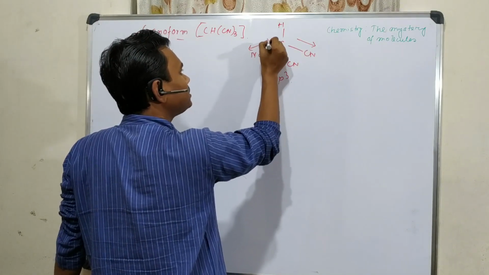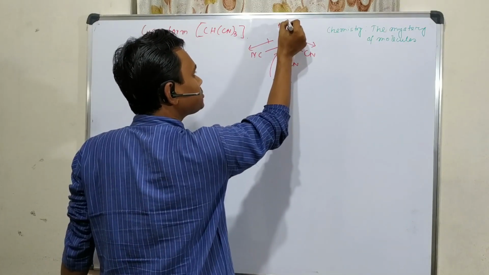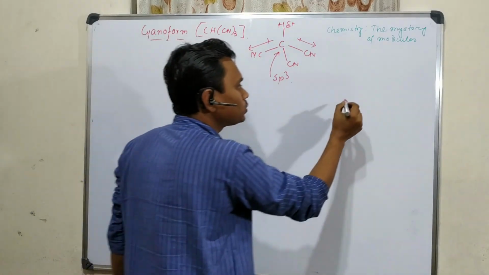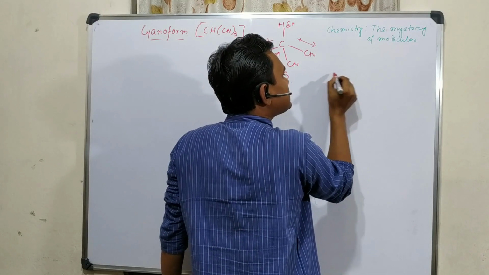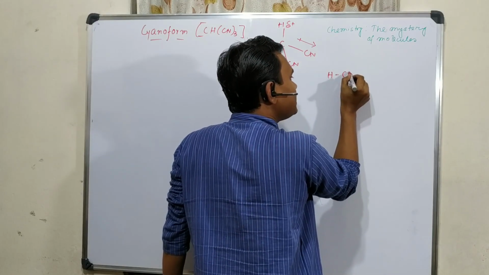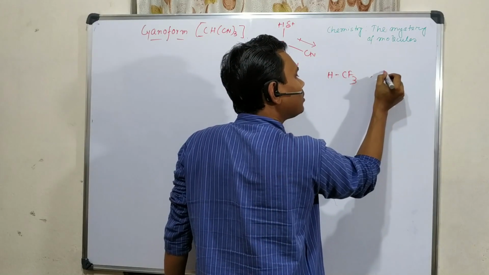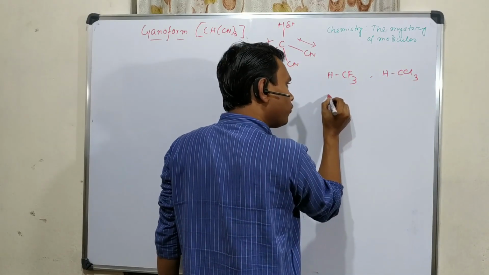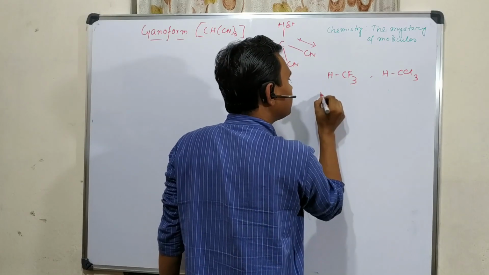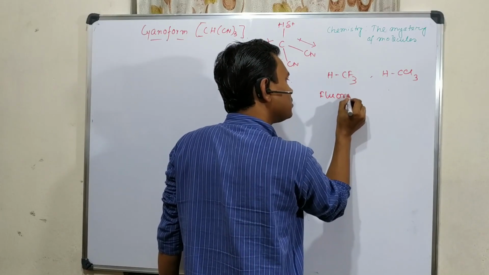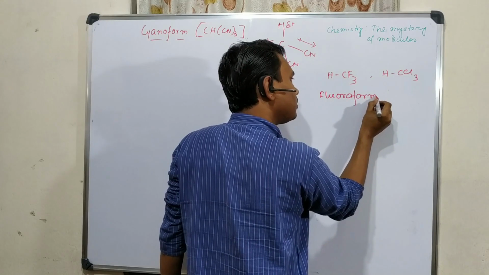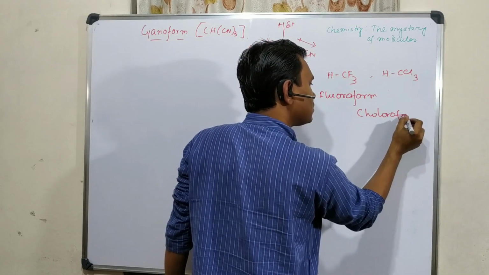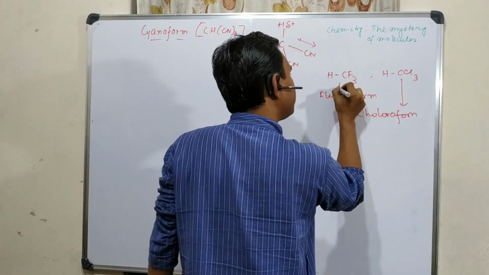Consequently this withdraws electrons, and this proton becomes more and more delta positive compared to CHF3 or CHCl3. This is fluoroform, this is chloroform. You have read it well previously.